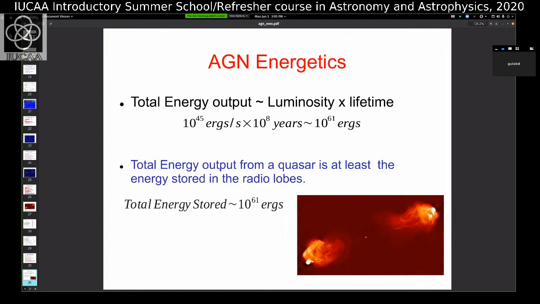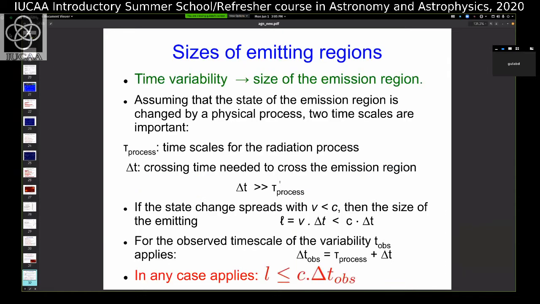Based on the spectrum of the synchrotron radiation, one can measure the energy spectrum of electrons and the strength of the magnetic field in which the electrons are moving and giving rise to the synchrotron radiation. When you combine the total energy of electrons and the energy of the magnetic field, that number again turns out to be 10 to the power 61 ergs. This is the total energy in the lobes. So these numbers are more or less consistent from two completely different techniques.